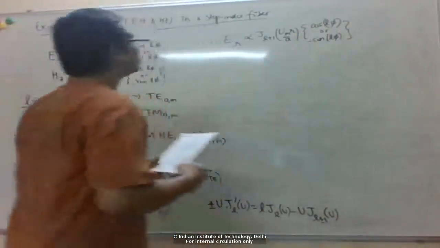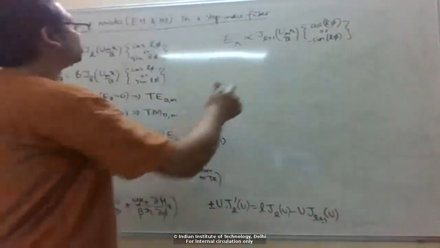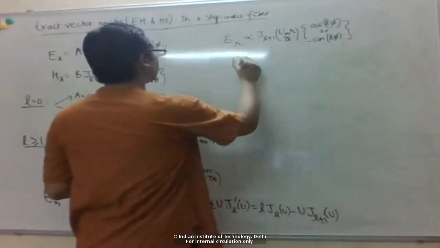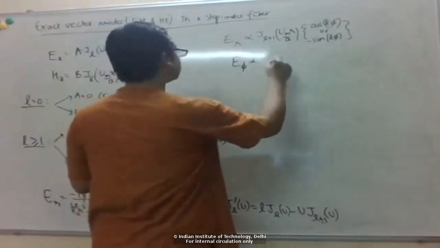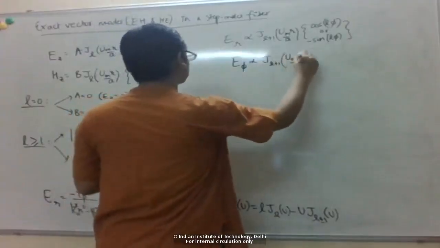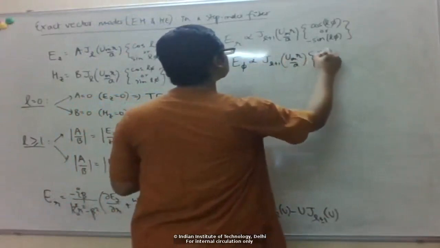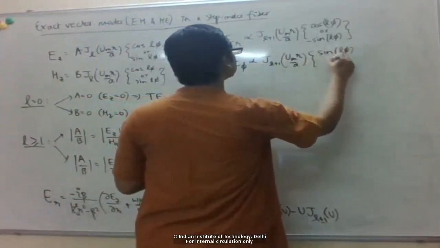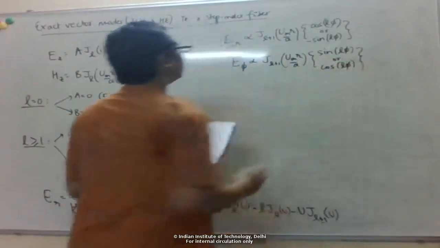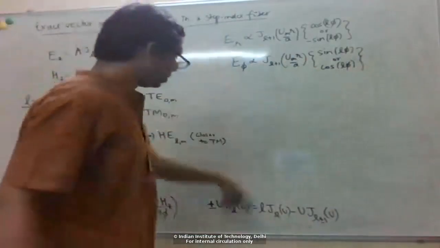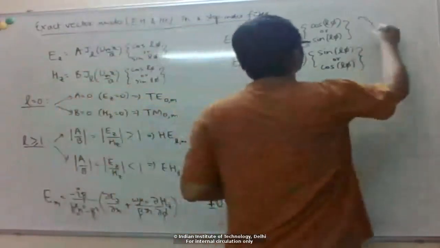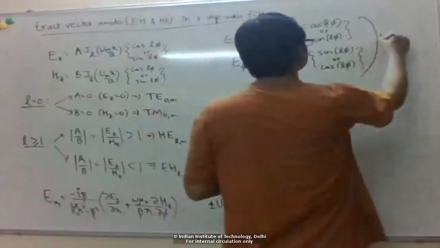So that minus sign will be important. So one set of solutions will be like this, where ER is this and E phi corresponding to that will be something like this, again with the plus sign. So if we choose a plus sign, we get ER and E phi solutions like this, and these correspond to the EH modes.